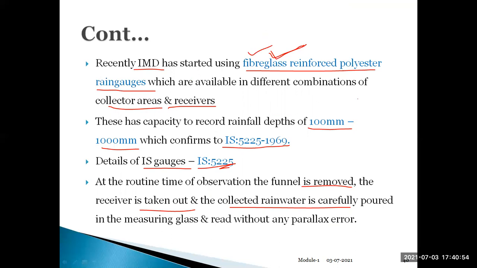After that, we are going to remove the receiver and carefully pour the collected water into the measuring glass, and read how much depth of water has been recorded. While reading, there should be no error, and there should not be any parallax errors.